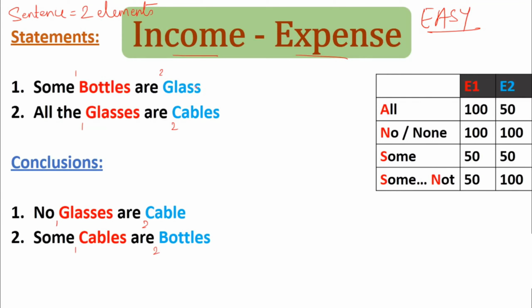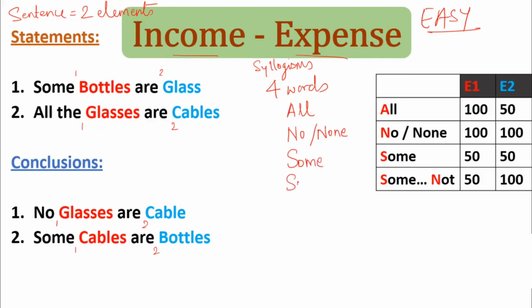Remember this. Now please remember that in syllogisms there are four words which are most important. What are those? First is all. All means everything. Second one is no or none. Third one is some.